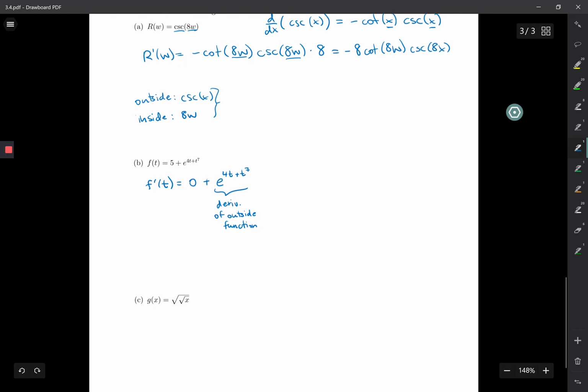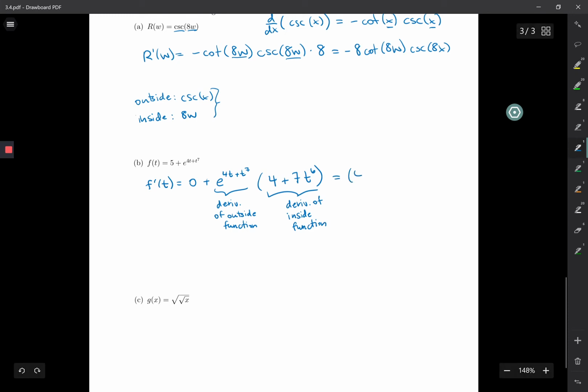Okay, and then we multiply it by the derivative of whatever this stuff in the exponent is. So it's 4 plus 7t to the 6th. That's just using the power rule on those pieces. And this is the derivative of the inside function. Right? Okay, so let's rewrite this.